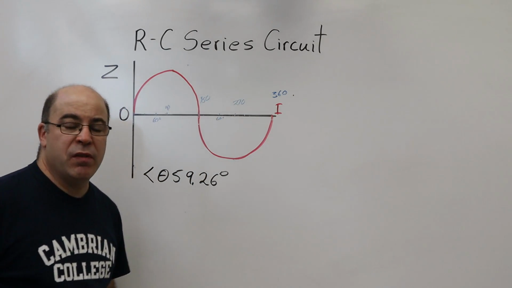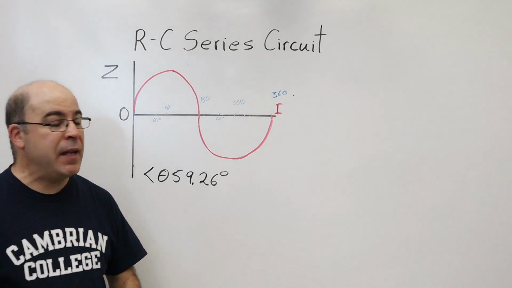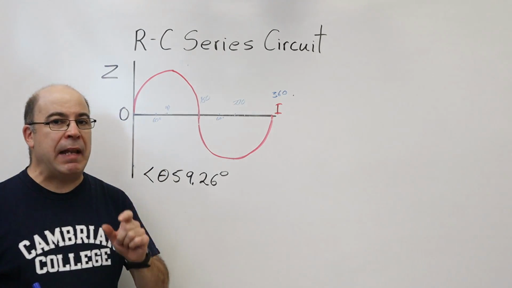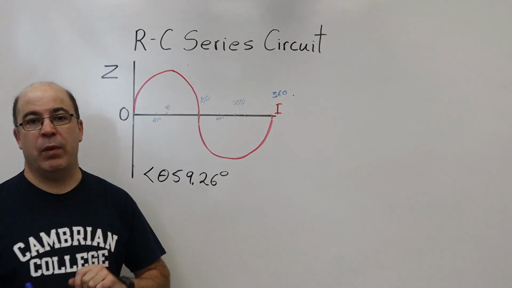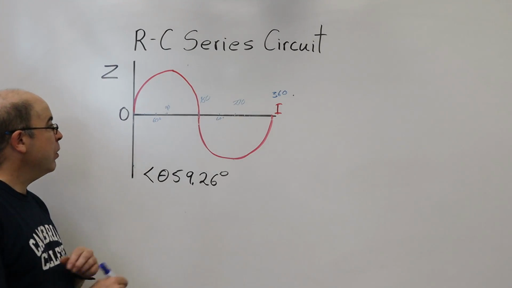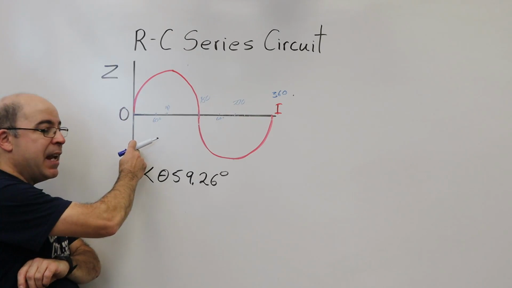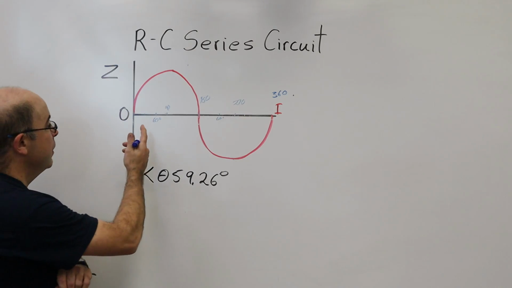Capacitors oppose a change of voltage, and how that affects the voltage and current relationship is that the voltage is going to lag behind the current waveform. If the current waveform is at 0, then my voltage is going to be in its negative alternation.